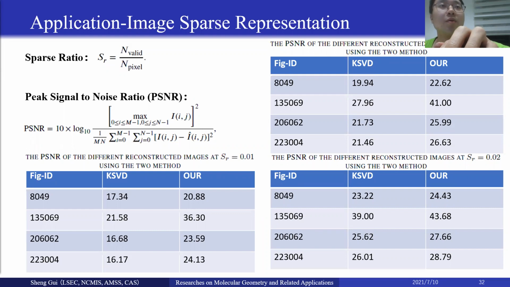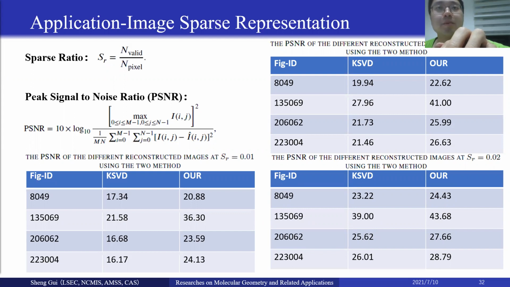To verify the effectiveness of our method on BSDS 500, we present the reconstructed images of BSDS 500 using the two methods. We select four images of the size 128 times 128.